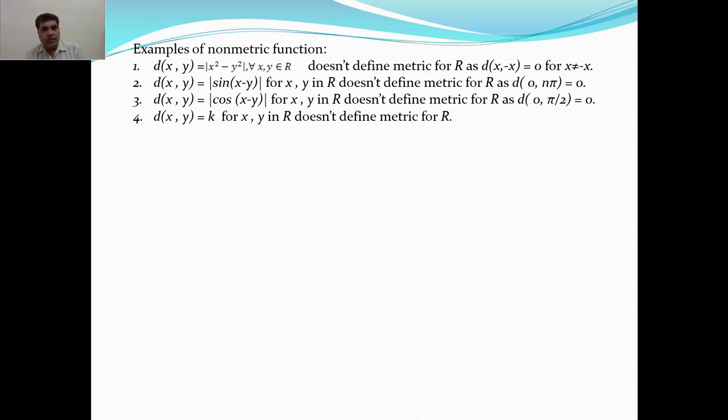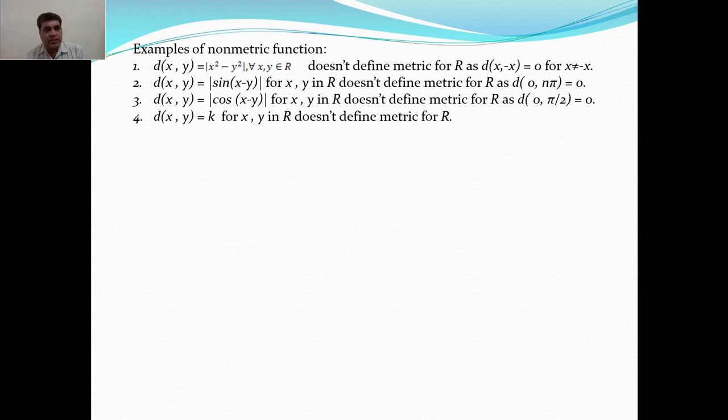Similarly, instead of mod of sin of x minus y, if I take the function mod of sin x minus sin y, then again the same problem will be there. If I take sin 0 minus sin n pi, it again becomes 0, where 0 is not equal to n pi. We also know that cos of odd multiples of pi by 2 is 0.